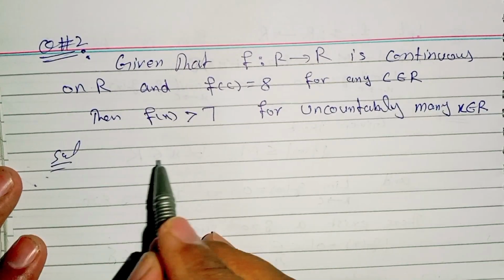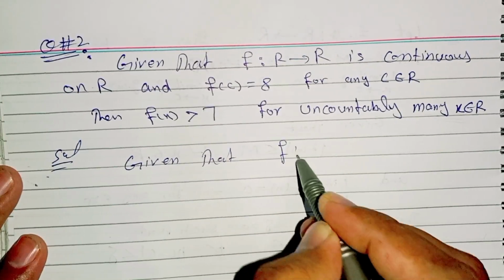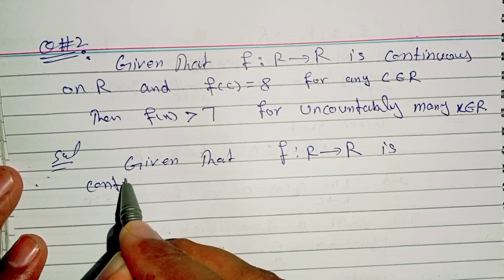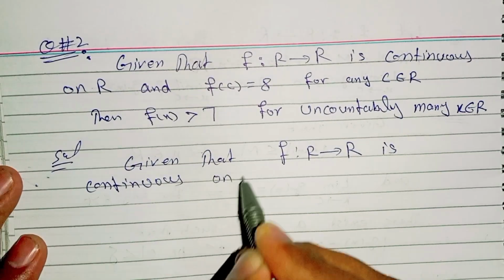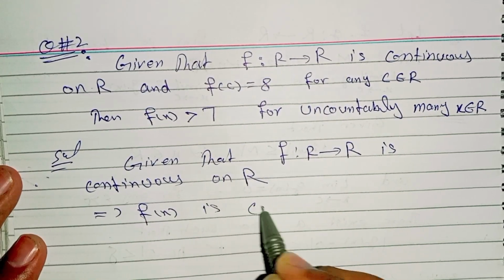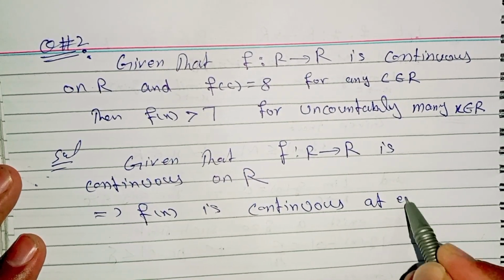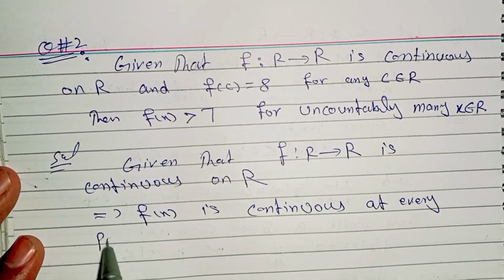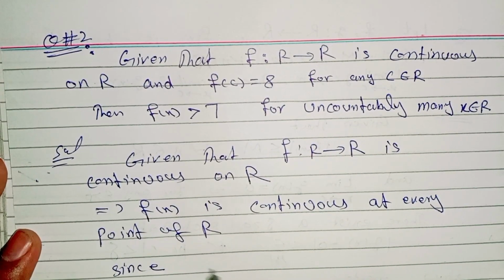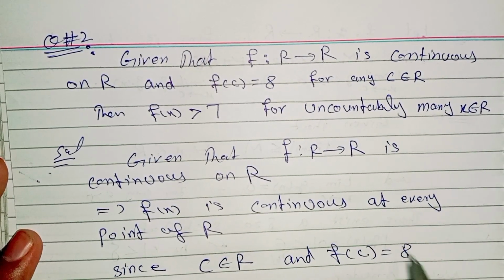Solution: since given that f is a function from R to R is continuous on R, this implies that f(x) is continuous at every point of R. Since c belongs to R and f(c) is equal to 8.